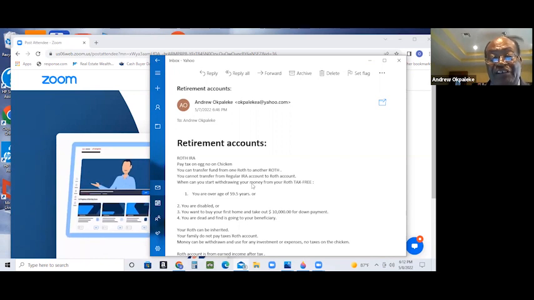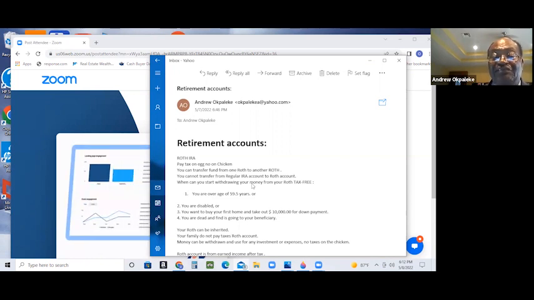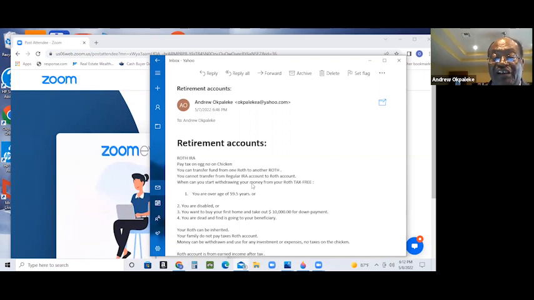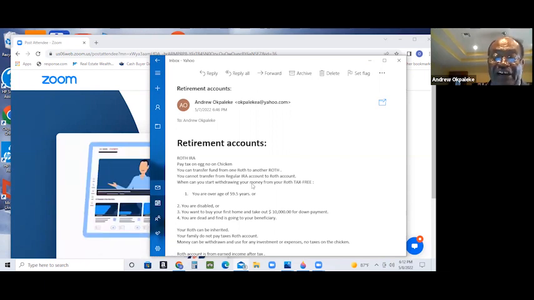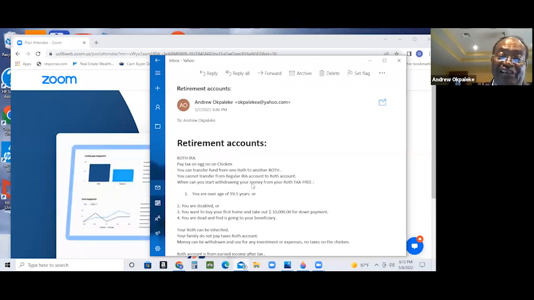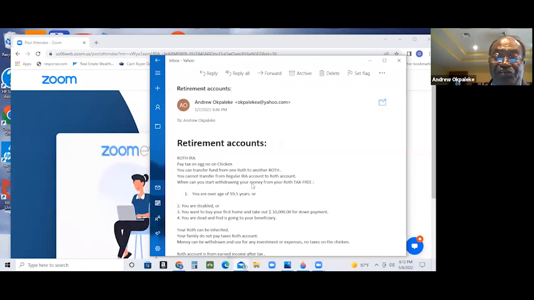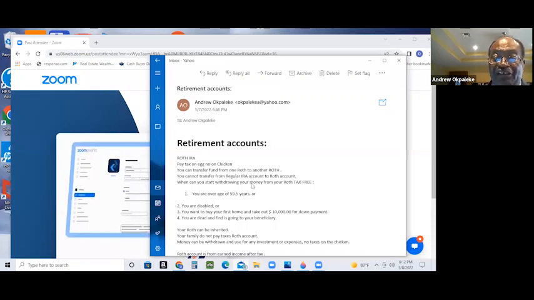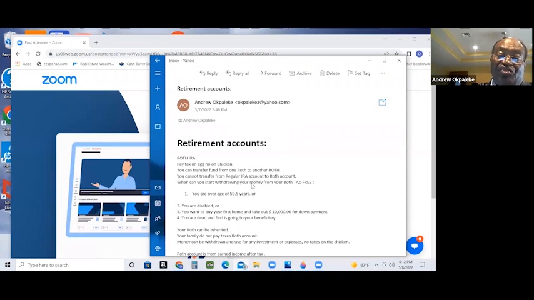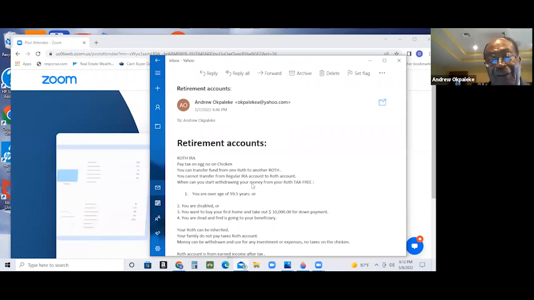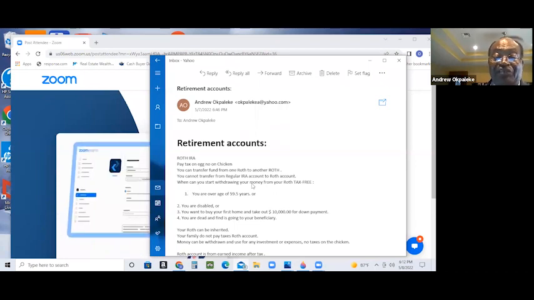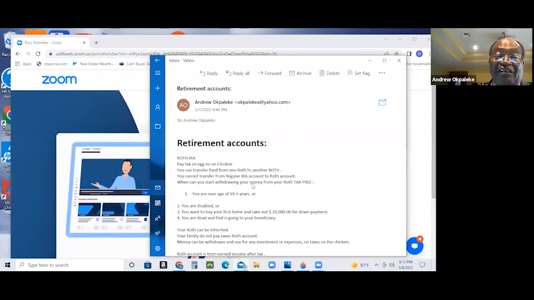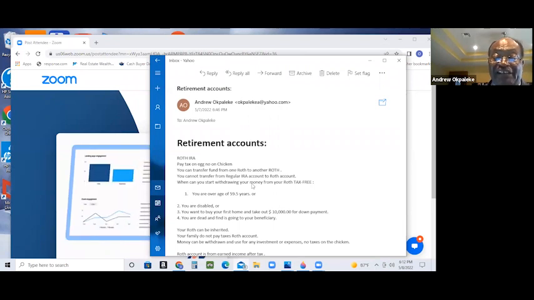The fourth method is if you're dead, the beneficiary will start getting your Roth IRA. The beneficiaries are your spouse or your children or your grandchildren, depending on your will. So they can start getting the benefits. Your IRA can be inherited, can be transferred, and you do not pay tax, as I said, forever.